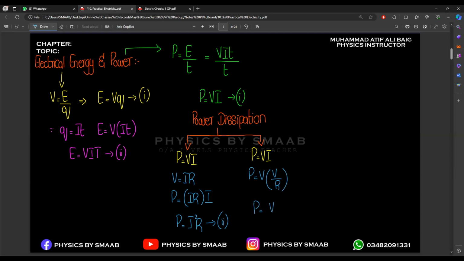So P is equal to V square over R. So this is the concept of electrical energy and electrical power that helps you to find electrical energy and electrical power in your questions.